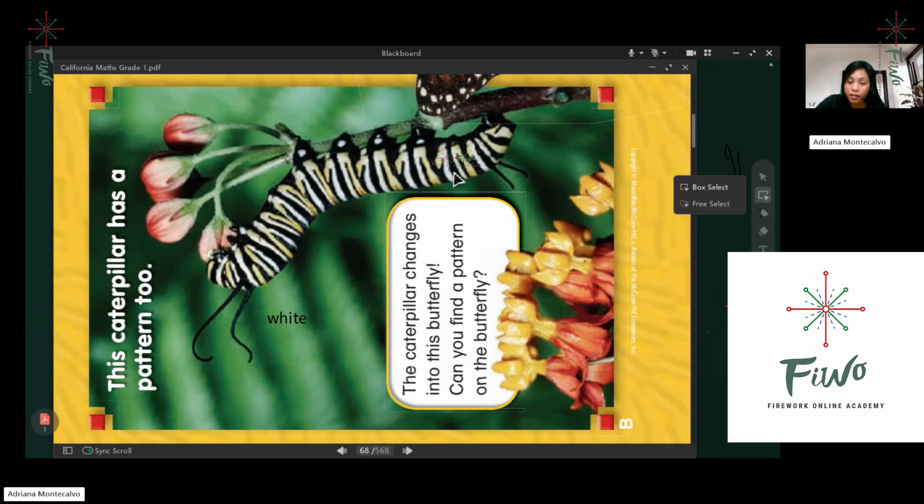What's next to the white? Black. Not yet yellow. It's black first. White, black, and next to black is yellow. And the next to yellow is another black. Good job. And black, and what else?